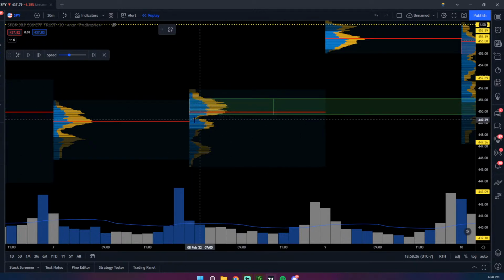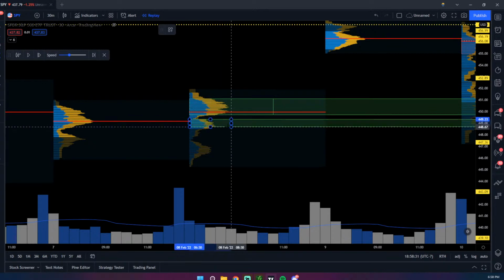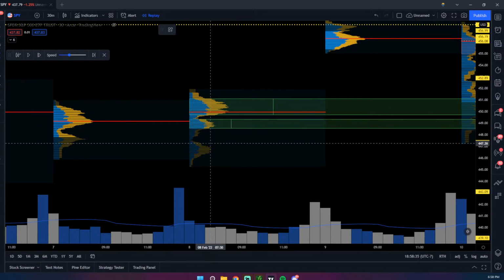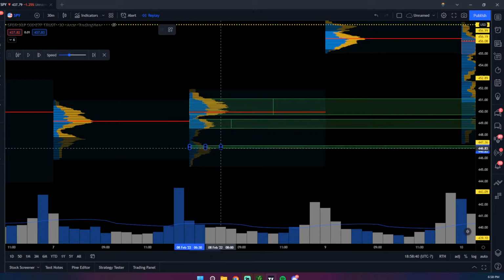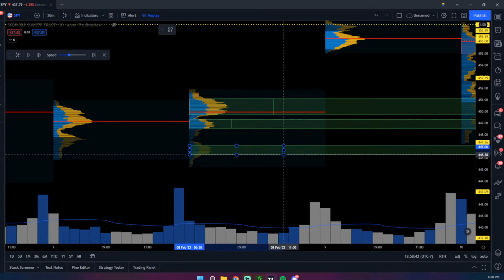And if I draw a box around here, there's going to be some sideways choppiness in this area as well. And lastly, if I put a box down here, we're going to chop sideways here as well.